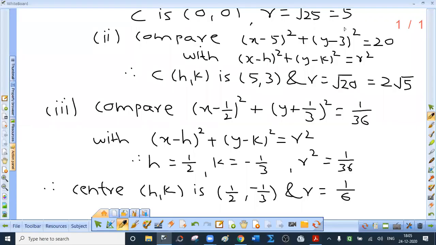Third one, compare the given equation (x minus half) square plus (y plus 1 by 3) square equal to 1 by 36. With which one? Center radius form, (x minus h) square plus (y minus k) square equal to r square. So h is half, k is minus 1 by 3, r square is 1 by 36. So what is the center (h, k)? (Half, minus 1 by 3). And what is the radius? 1 by 6.